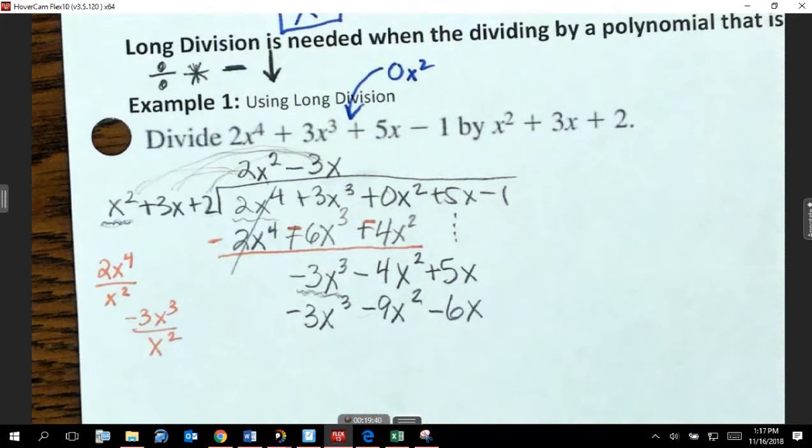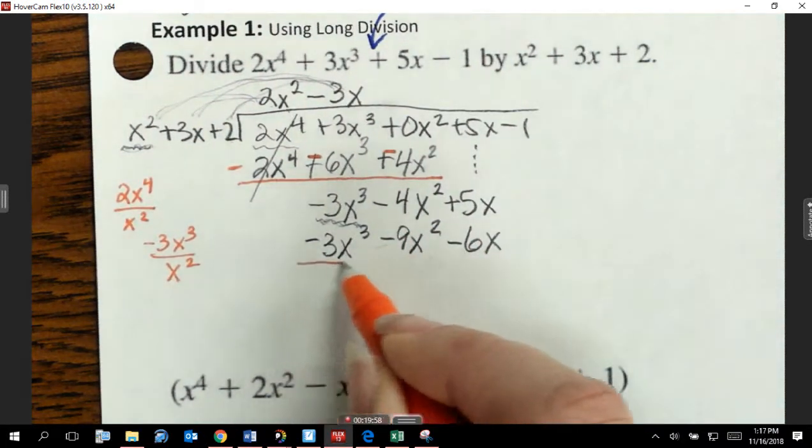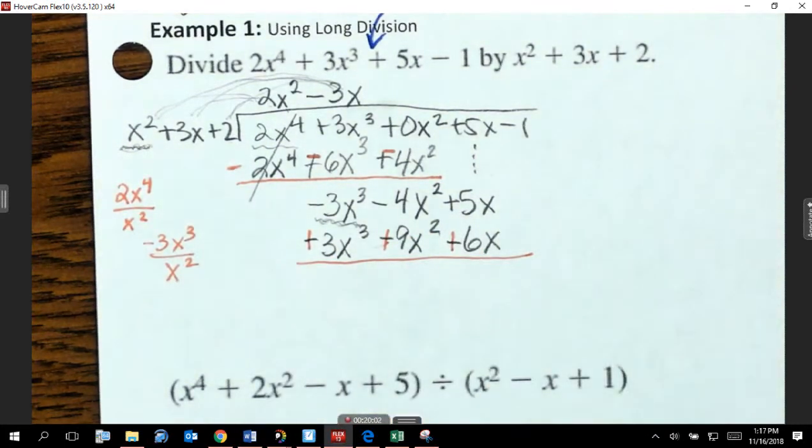That was me multiplying by negative 3x. What comes after multiply? Subtract: draw the line, change those signs. That's our subtract.